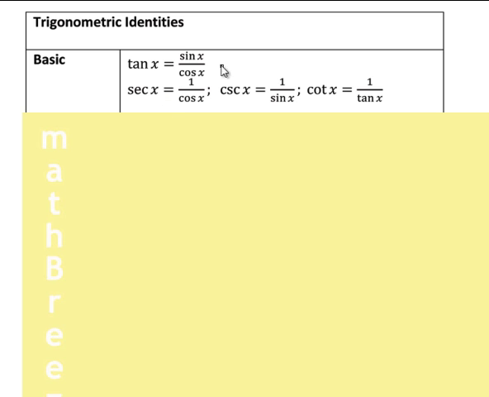All right. Now let's look at this basic identity. Tangent is sine over cosine. Let's see where that comes from. Let's draw a little right triangle, and let's say we put angle x over here. And let's make the hypotenuse equal to 1.